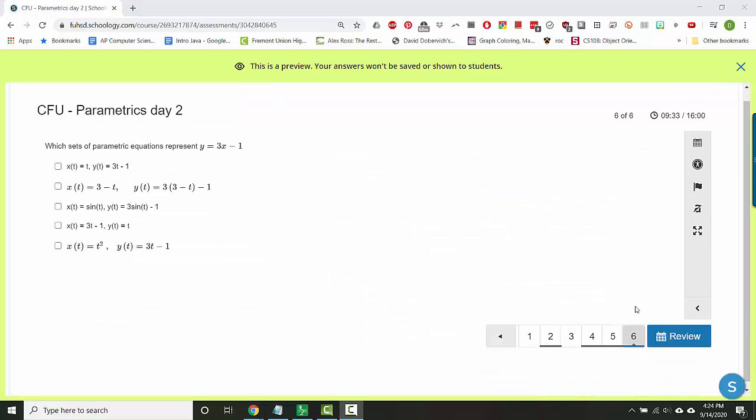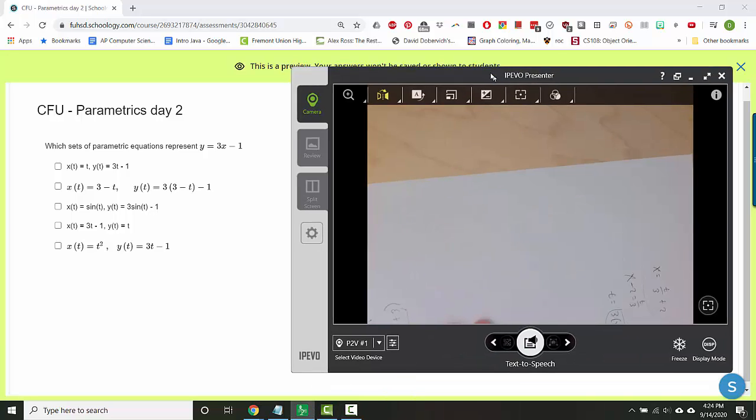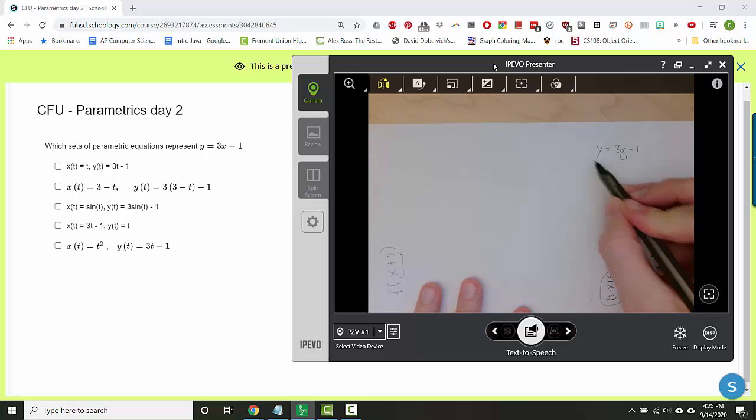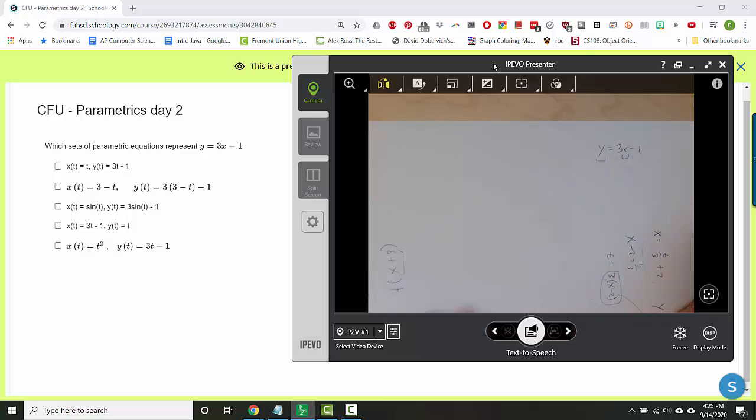All right, so the last question is, which sets of parametric equations represent y equals 3x minus 1? So as we said in class, a Cartesian equation like y equals 3x minus 1 is telling you a relationship between x coordinates and y coordinates. So if our x coordinates are calculated as a function of time and our y coordinates are also calculated as a function of time, we need that same relationship to be true.